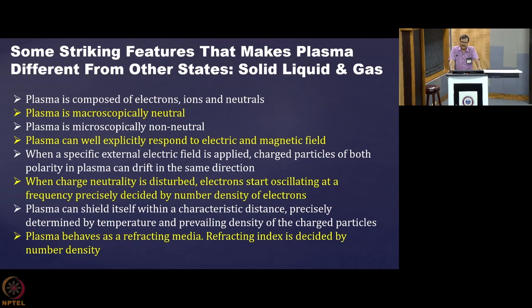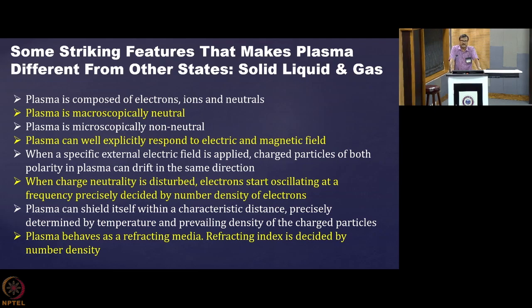Plasma is composed of electrons, ions and neutrals. Plasma is macroscopically neutral. Plasma is microscopically non-neutral. Plasma can explicitly respond to electric and magnetic fields. Why? This is because they contain charged particles. Charged particles respond to an electric field, and whenever they find a magnetic field, they start rotating around it. So they respond well to electric and magnetic fields.